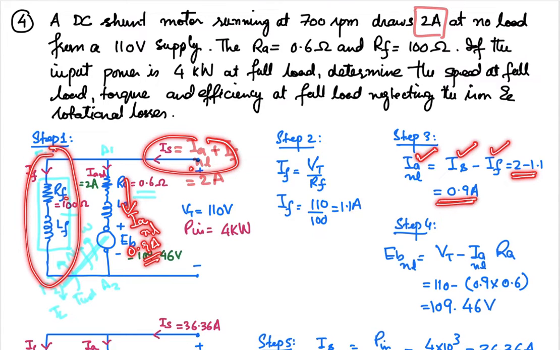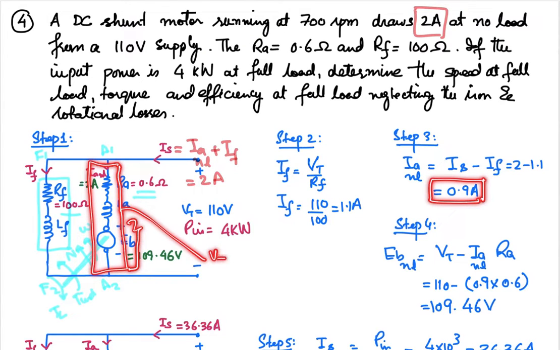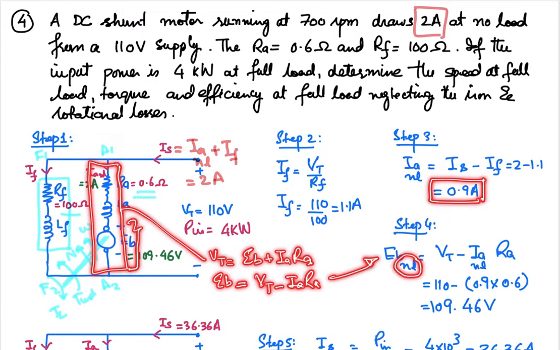state, right? And the next step is to determine the back EMF at the no load. No load armature current is 0.9 ampere. So writing down the equation for this branch, Vt is equal to back EMF plus Ia Ra. So from here, if you rearrange it for the back EMF, that will be equal to Vt minus Ia Ra. As you are looking for the no load state, we are going to add a subscript no load.